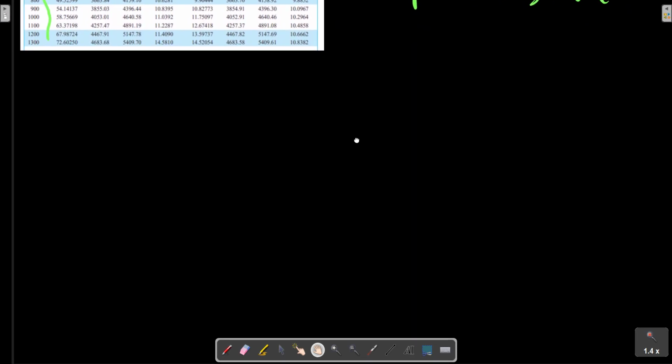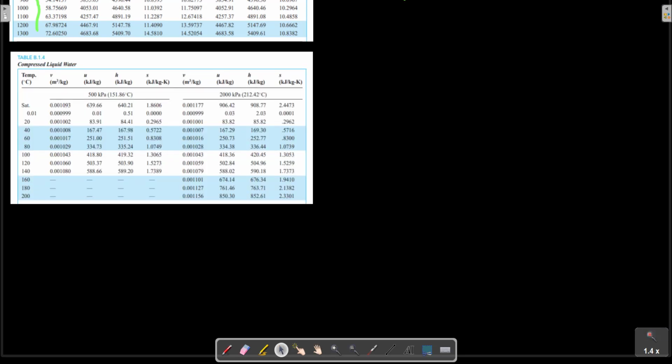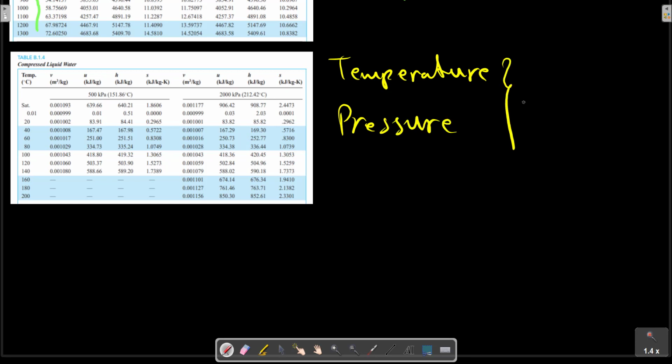The same condition also applies to the temperature as the base property. In this case also we have temperature and pressure as independent properties.